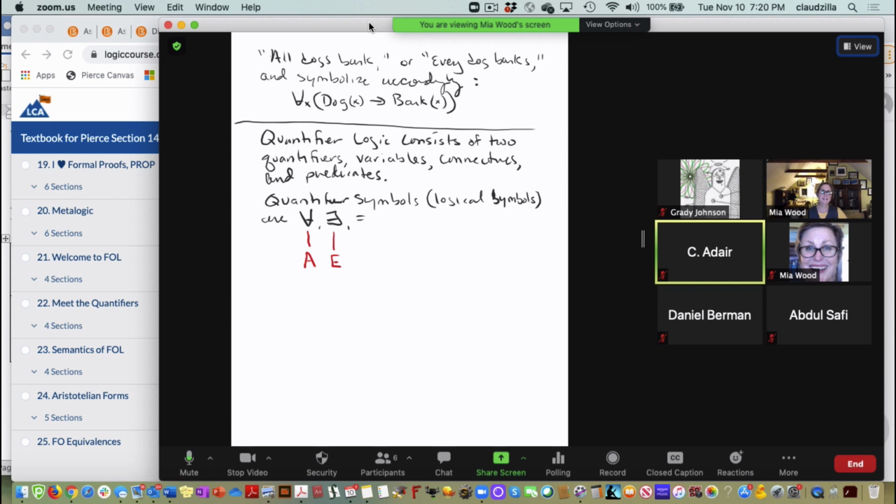When we're writing together, though, I'll almost invariably use the upside down A. When I update practice for you, I will replace the upside down A with the right side up A. Similarly, when I'm writing in class, I will use the backwards E for the existential, but the forwards E when we're looking at extra practice.